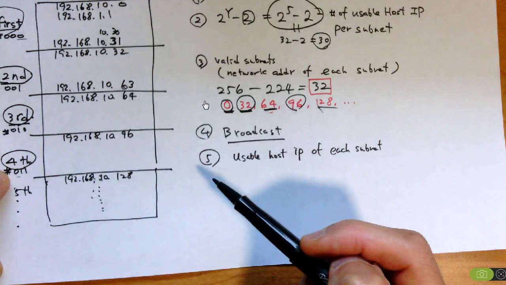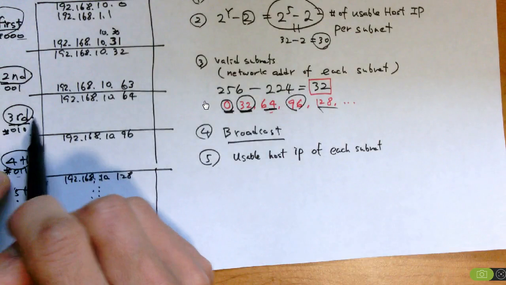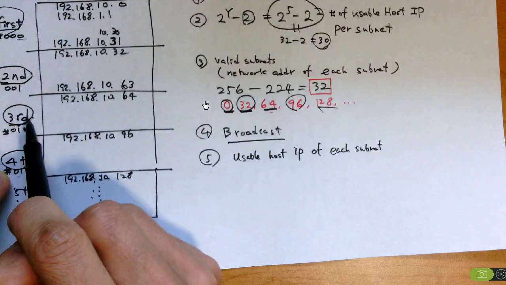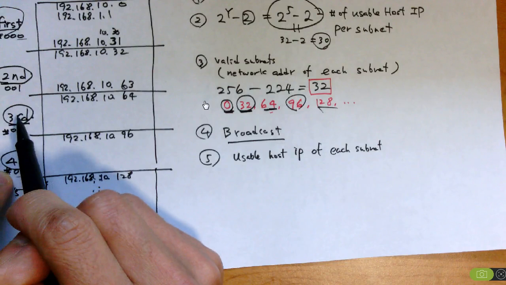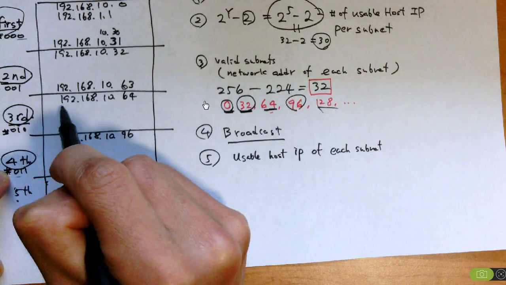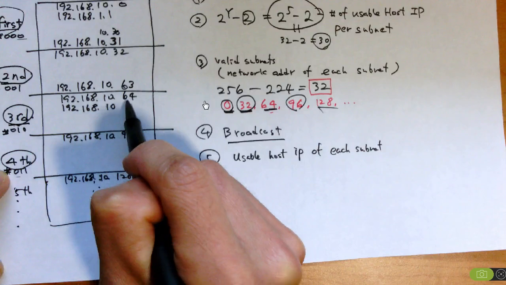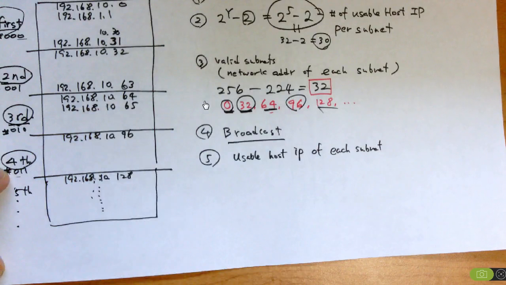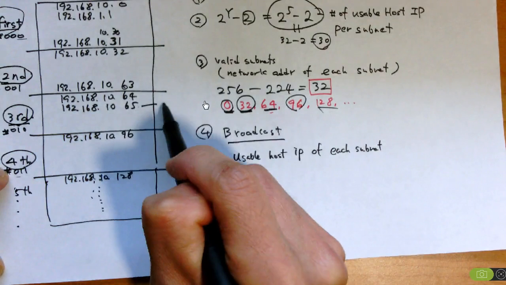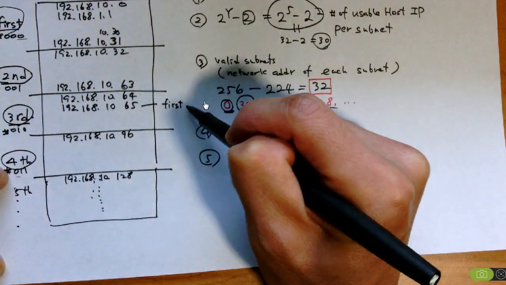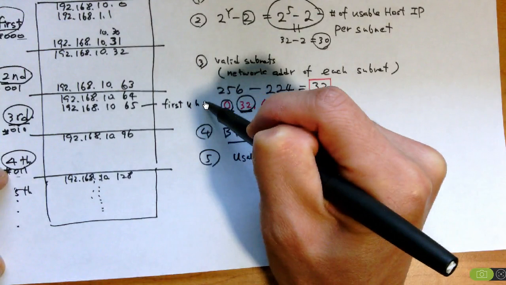So then I can ask you, what is the first usable host IP address of the third subnet? It is 192.168.10.65, right? That's the first usable host IP address.